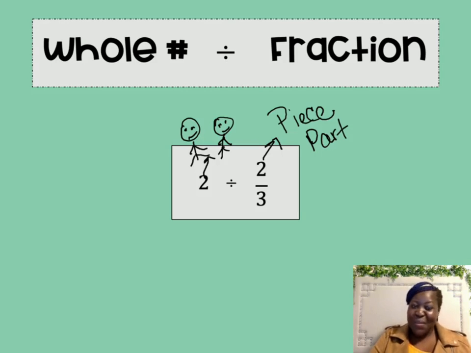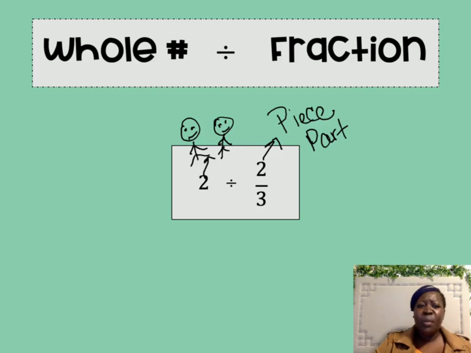If you know me, you know that I'm going to show you the bar model way because our goal in doing all of this is so that we can understand what we are doing. We need to make sure that we have the knowledge and we're not just solving problems because our teachers tell us to.